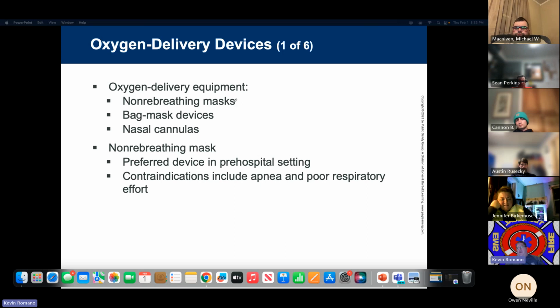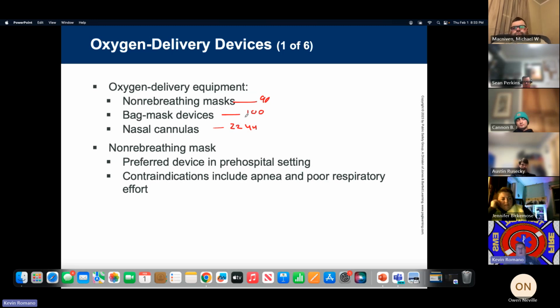Right, you can deliver them through a non-rebreathing mask, BVM, nasal cannula. 22, 44%, 100%, 90%. Those are your oxygen levels based on percentage.